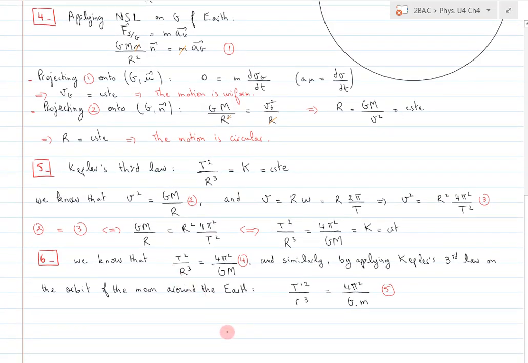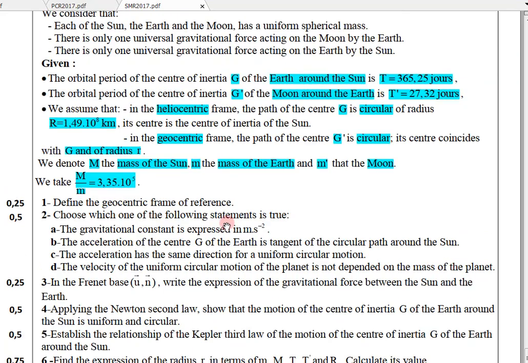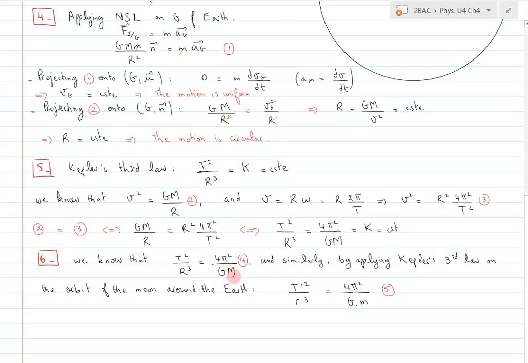We don't have the exact value of G and M. We don't have the value of G, we don't have the value of big M, and we don't have the value of small m. But what we do have is the ratio M over m.